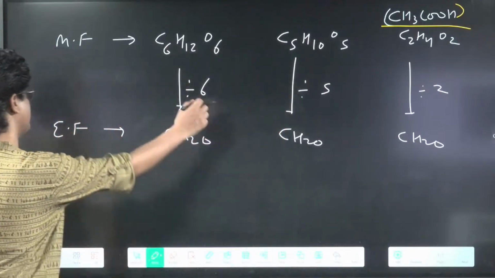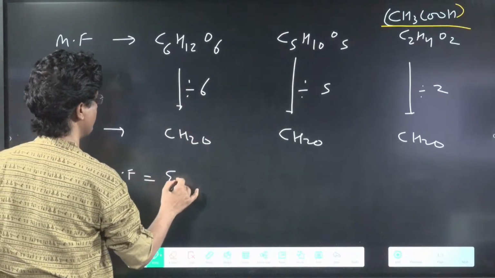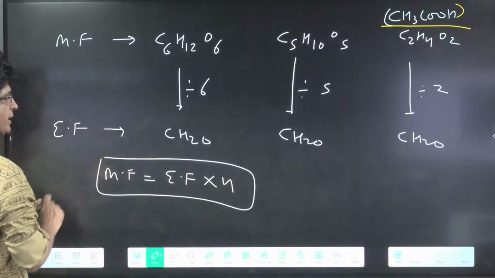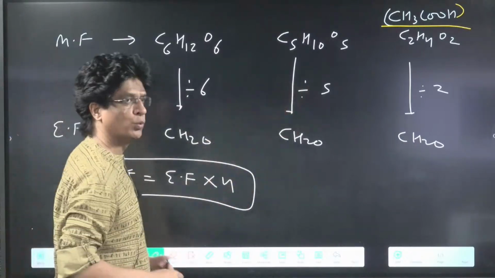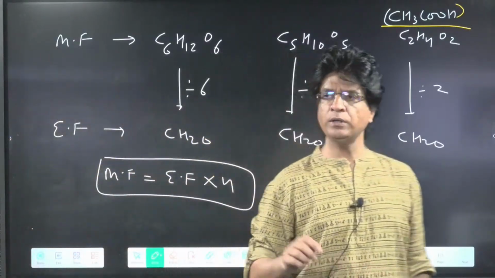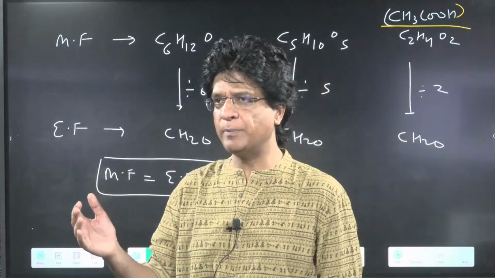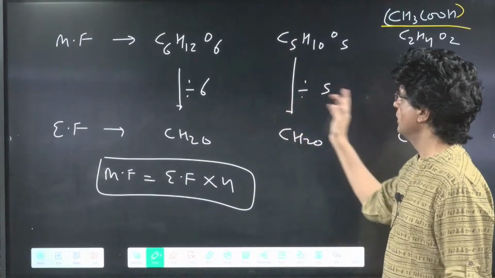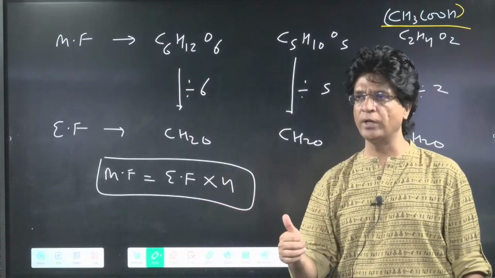Great. Now can I say that molecular formula can be written as empirical formula into some integer? This integer here is 6, there it is 5, and there it is 2. If I want a molecular formula, I'll multiply by a desired integral value, whatever it is. So I'll get a corresponding molecular formula.